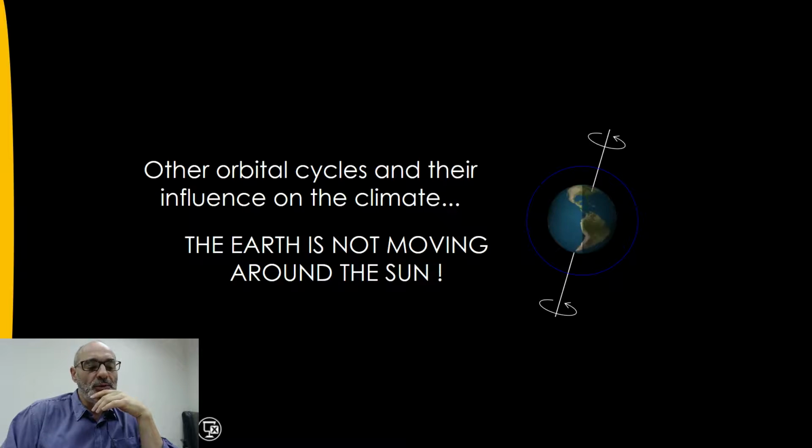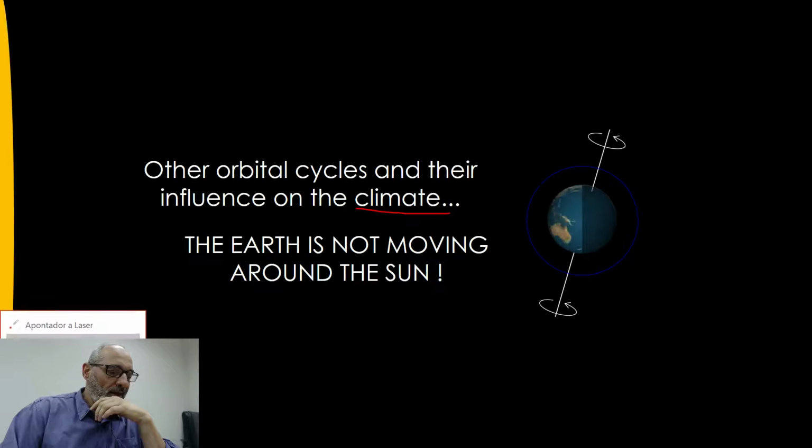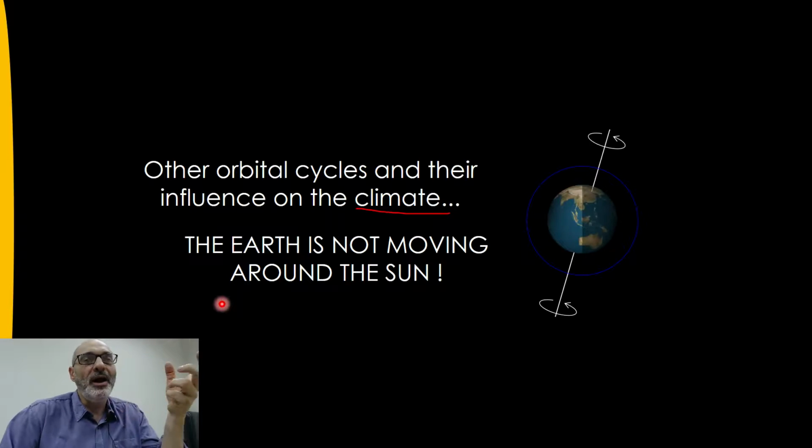Before going back to our solar power plant, I want to show you the relations of these celestial mechanical aspects to our climate. I'm sure I already mentioned this in the first class, but now I'm able to justify it. First, I start by saying that the Earth is not moving around the Sun.